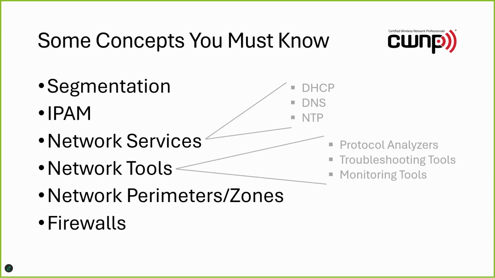Some concepts you must know to understand networking in general: segmentation. How do I break a network into different segments for optimal purposes? There are two concepts here. There's the technical way we segment our networks, and then there's the reason why we do it.